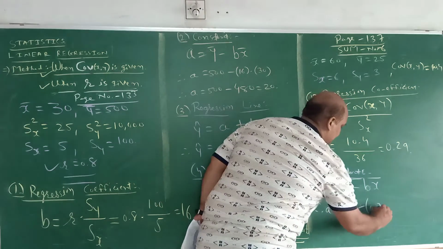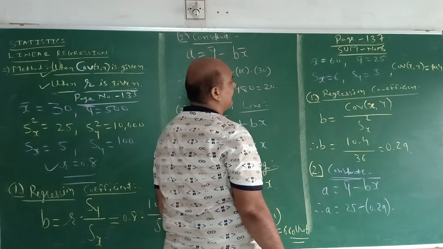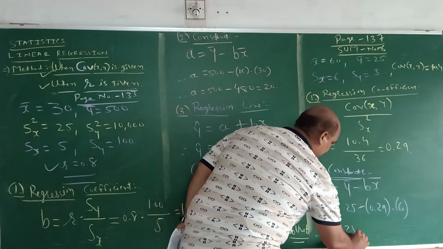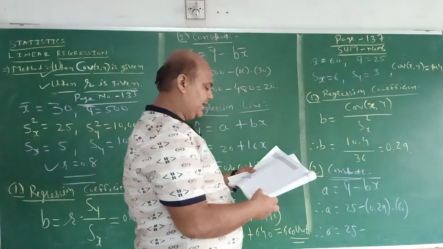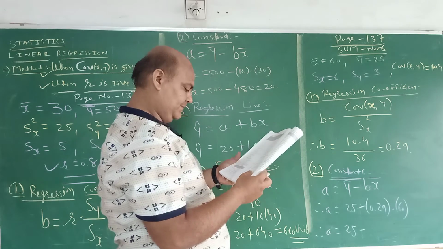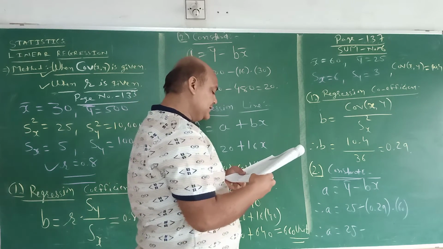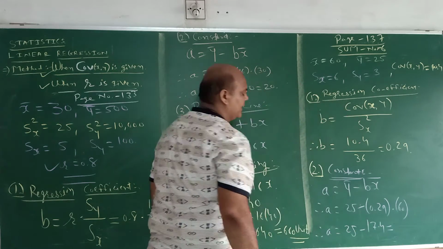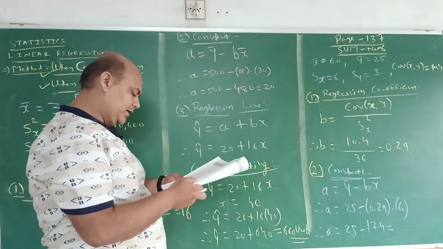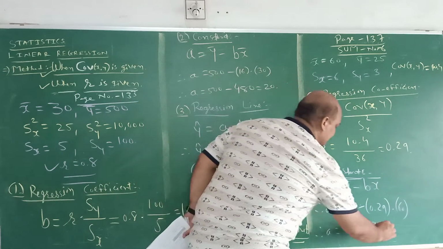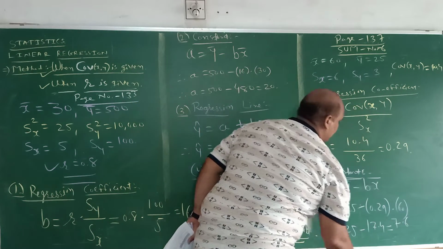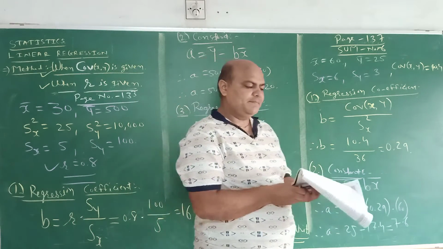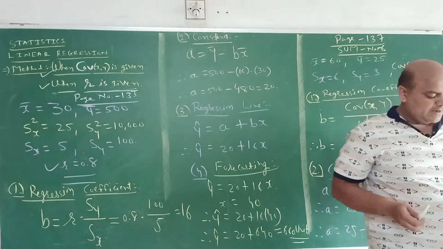B is 0.29 and x bar is 60. 0.29 into 60, answer is 17.4. 25 minus 17.4, the answer is 7.6. Second step is ready.